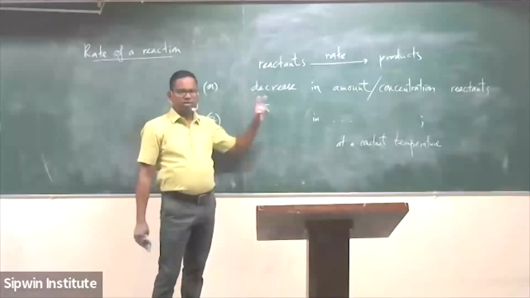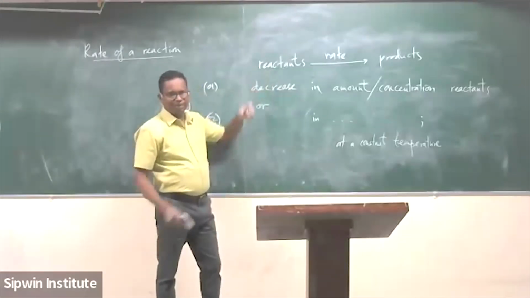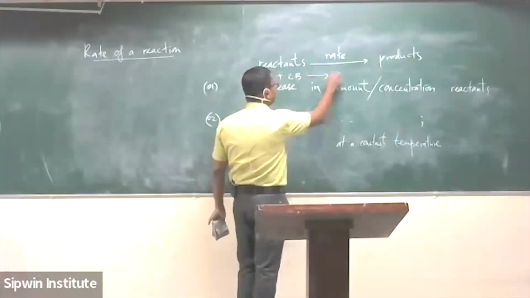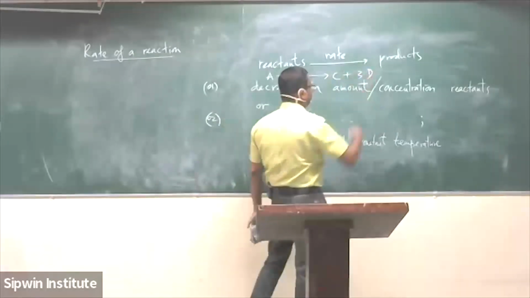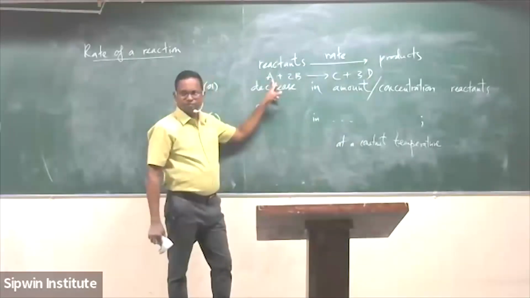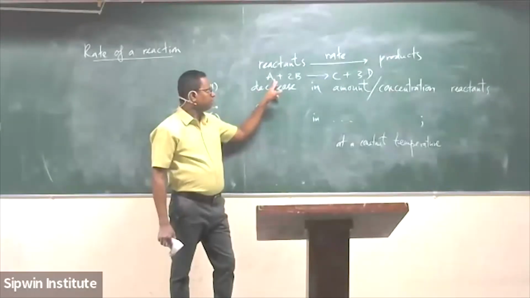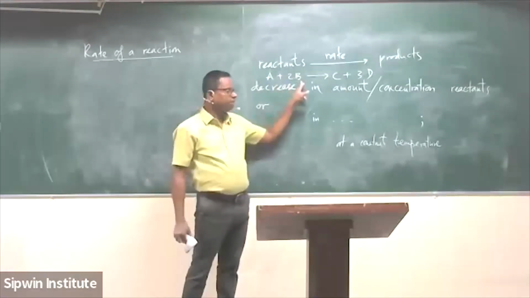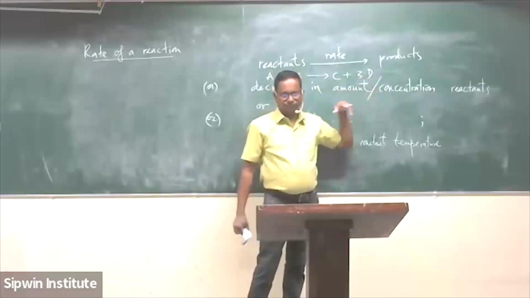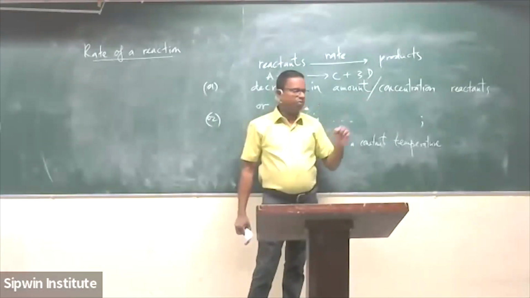So on a constant temperature condition, we can consider maybe one reactant, maybe a number of reactants. Say for example, A plus 2B gives C plus 3D. Rate of this reaction is possible to express using this. Rate of consumption of A, rate of consumption of B, if not rate of formation of C, rate of formation of D. By considering the amount, we can express the rate.